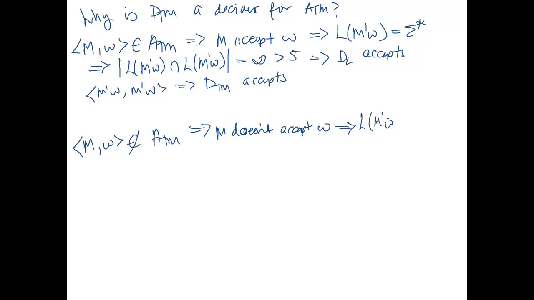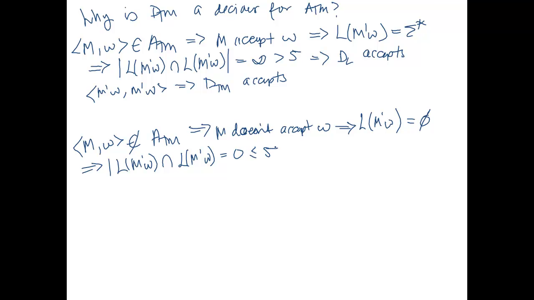It can only accept when M accepts W, which means that the language of M prime W is the empty language. Okay, what's the size of the empty language? 0. Then what's the size of that language intersected with itself? 0. Okay, 0 is, in this case, less than or equal to 5.